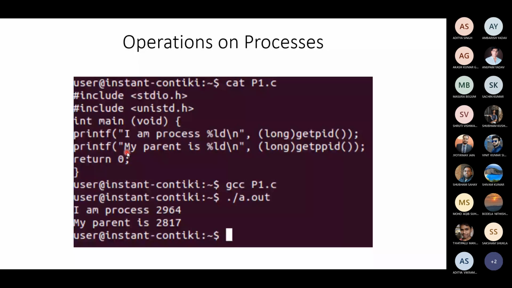I'm just curious to know what is this process ID and my parent ID. When I run that, you will be able to see some integer value for that particular process, and the process that created this process, the parent process, you can also get using getpid and getppid.